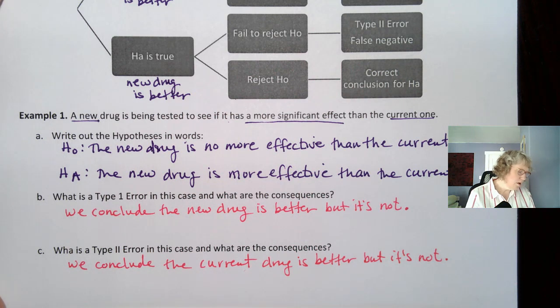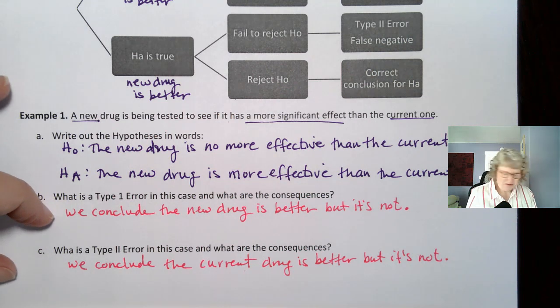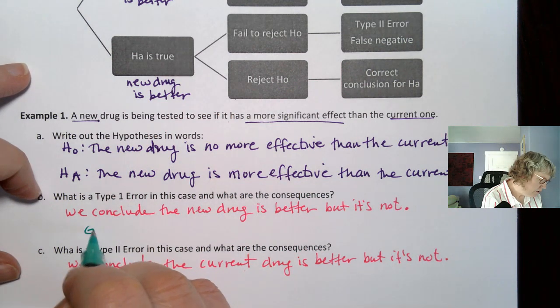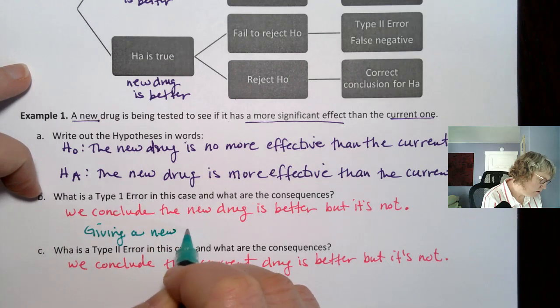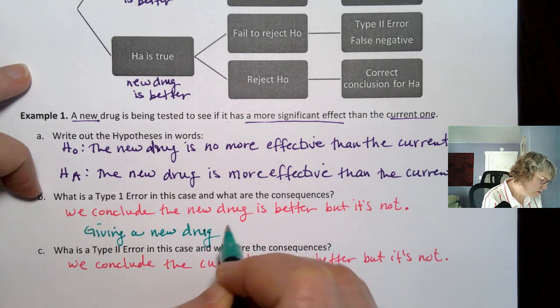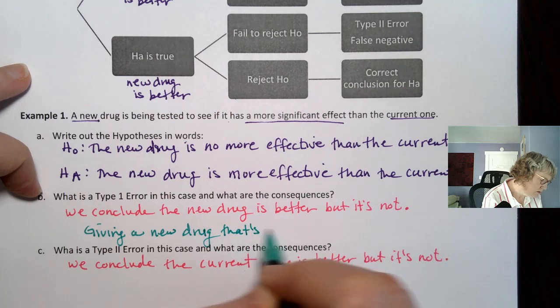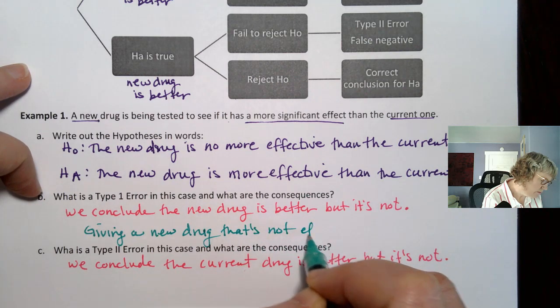Okay, so what are the consequences of each one? So if we conclude the new drug is better, but it's not, we're giving people a new drug that's not really effective, right? So giving a new drug that's not effective.